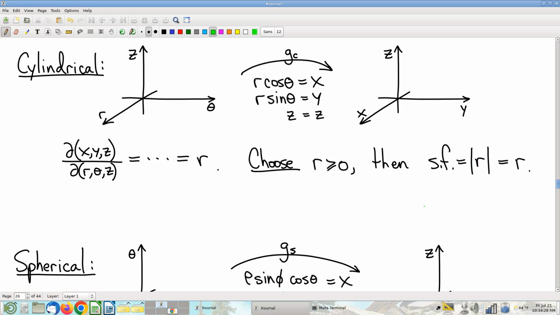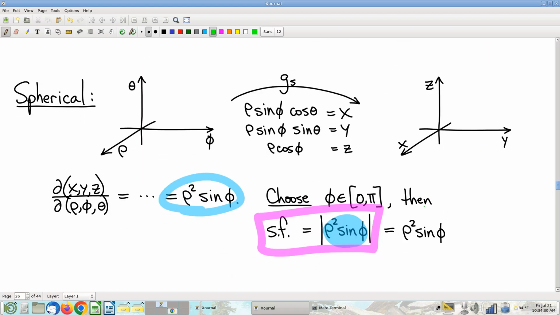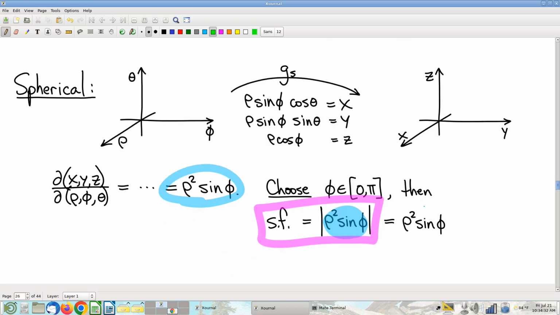A lot of people mistakenly think, again, that rho is kind of like r, so let's just require rho to be positive. What happens when you require rho to be positive? Answer, nothing. Because it was being squared anyway. So it doesn't matter if rho is positive or negative. That doesn't make a bit of difference. What you have to worry about here has got nothing to do with rho. What you need to worry about is phi.